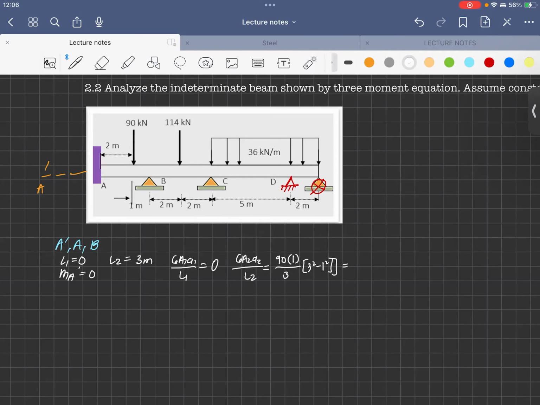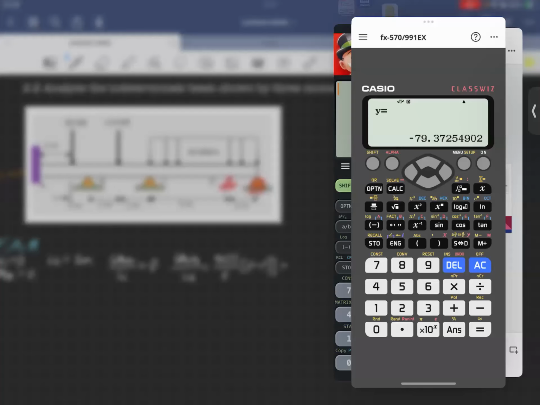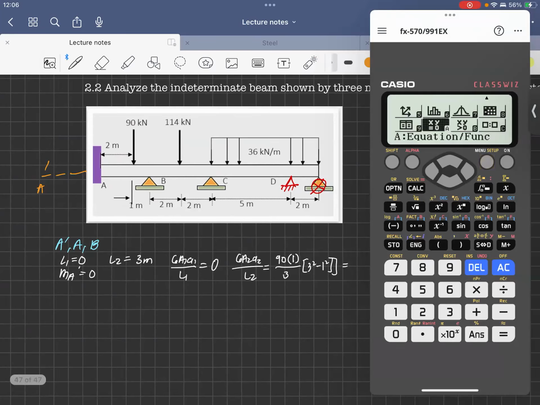So we have 90 times 3 squared over 3. So we have 270. Sorry, minus 1 squared. Or minus 1. So we have 240.